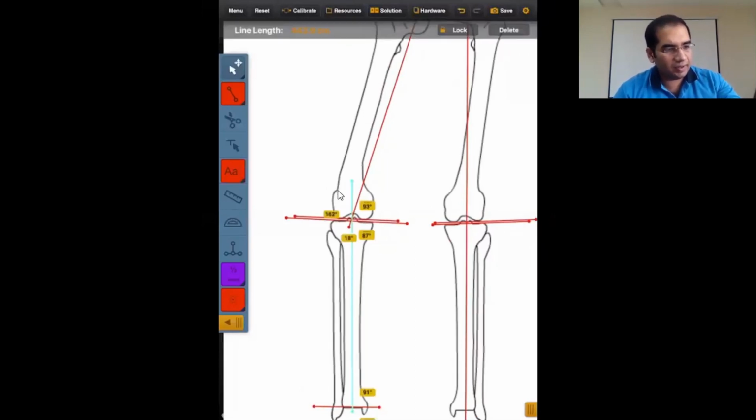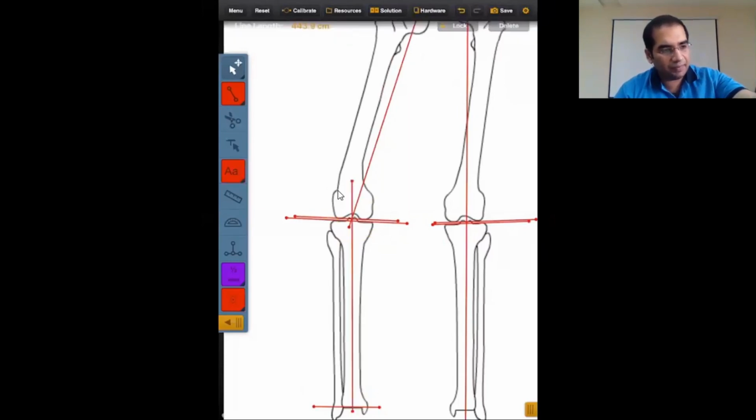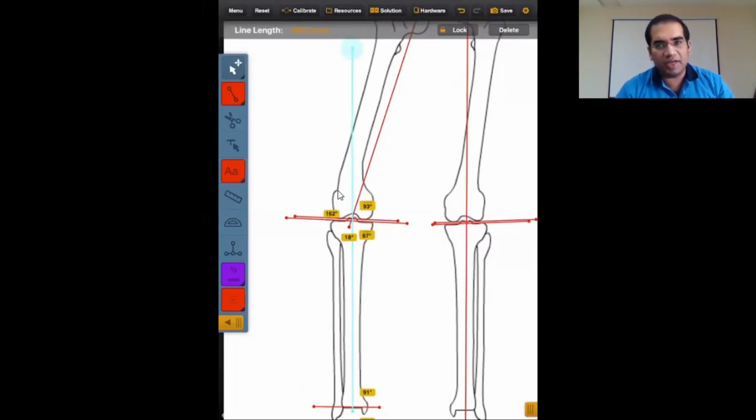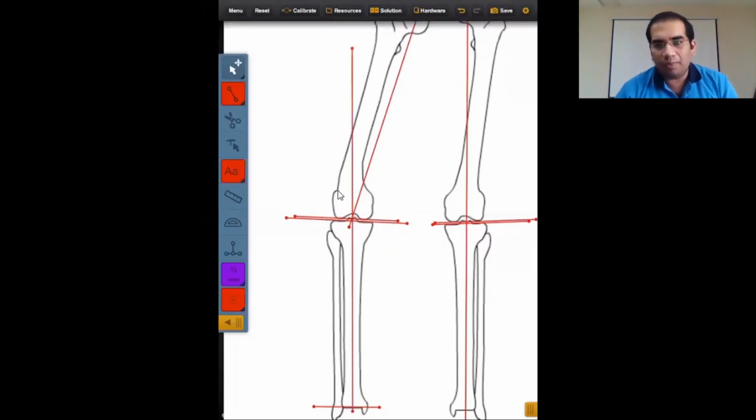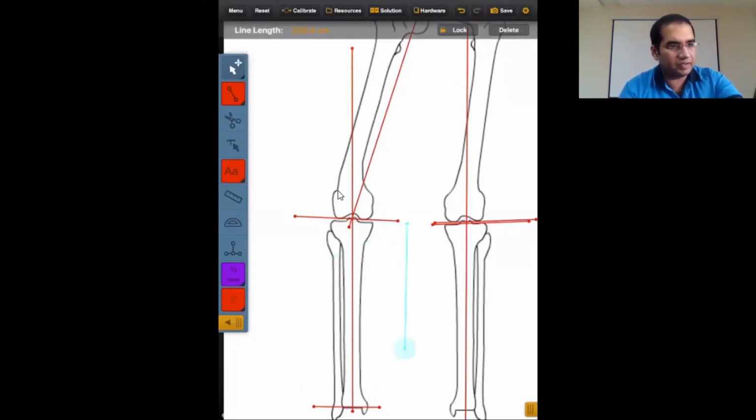Because the mechanical axis of the tibia is normal, it's 87 degrees, we can simply extend this line and use it as a reference for the mechanical axis of our distal femur. Why did I do that? Let's first erase that as well.